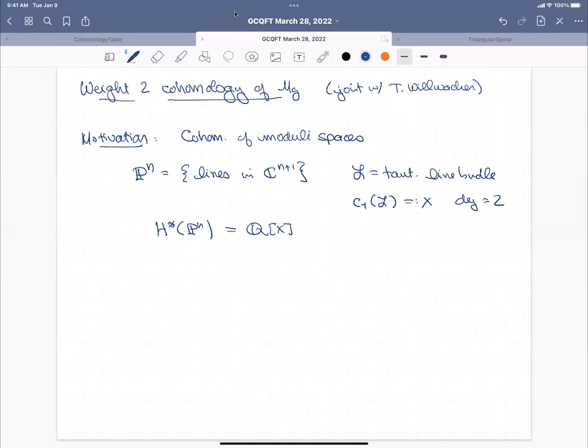And P^n has real dimension 2n, so x to the n plus 1 vanishes for dimension reasons. And so here we have a tautological generator, and we have an obvious relation. And then the beautiful theorem is that that's the whole picture, that everything is generated by X, and the only relation is the geometrically obvious one.